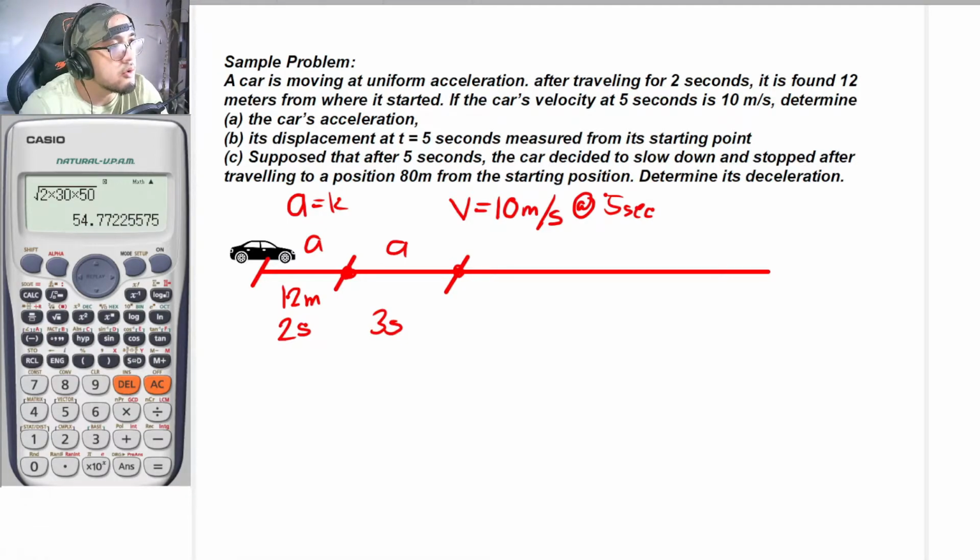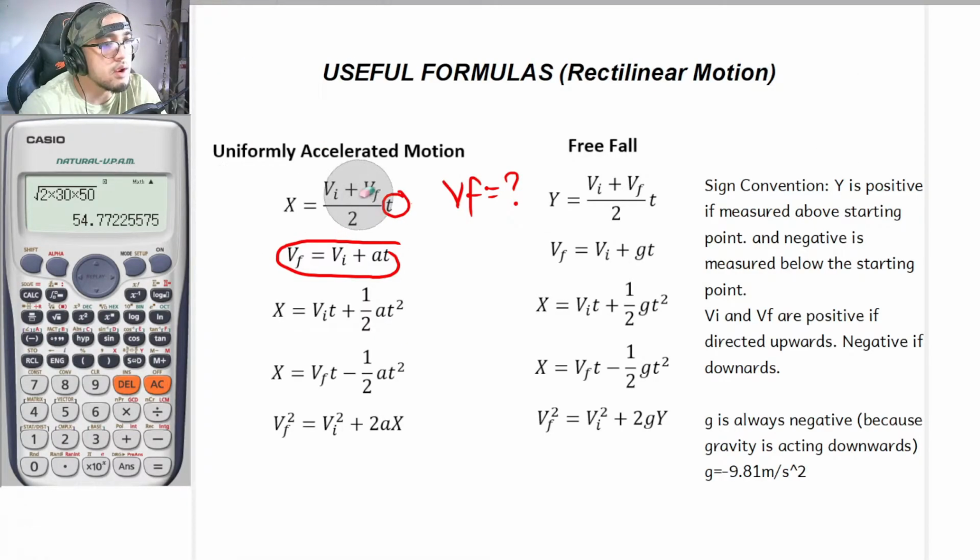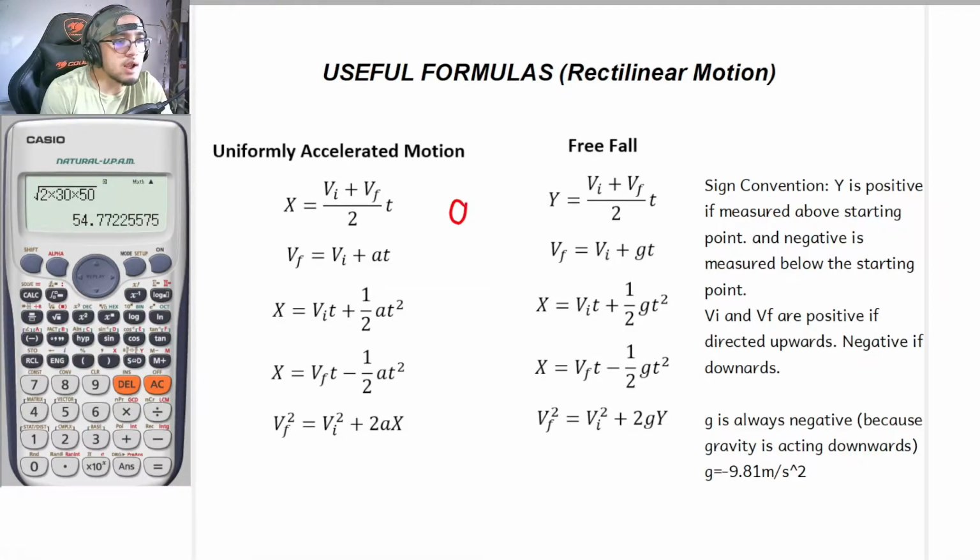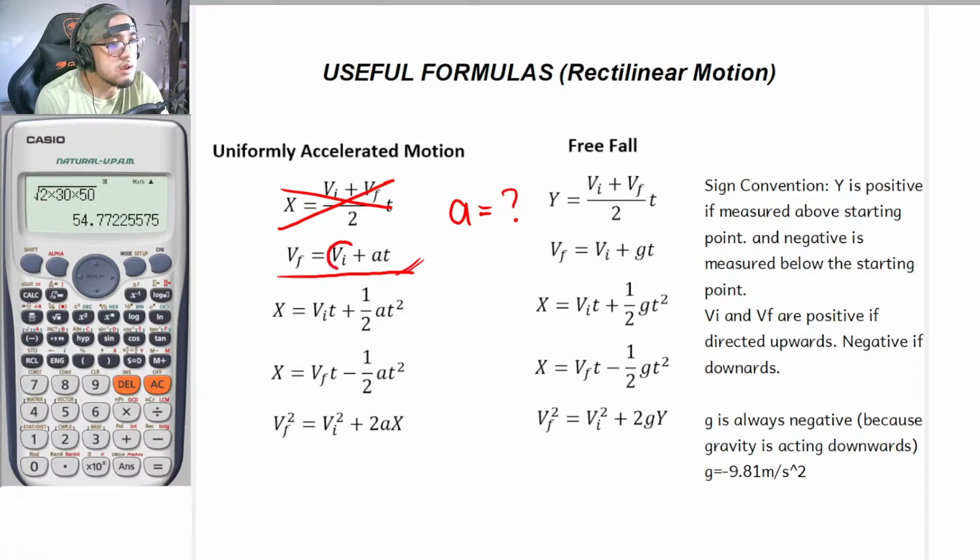Going back to our list of formulas, let's check which formula we would be using. Since the acceleration is the one unknown, we cannot use this one any longer because there is no variable acceleration there. We may use this equation here. However, we do not know the initial velocity.